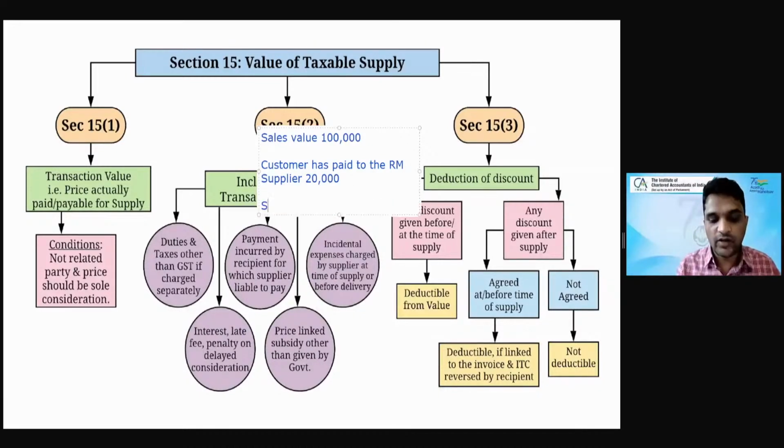So obviously what will you show in your invoice, what will be your invoice value? 80,000, because you only have to receive 80,000. Out of the sale value of 1 lakh, 20,000 is already paid to you by paying to the raw material supplier. So you will raise the invoice in normal terms at 80,000 rupees.